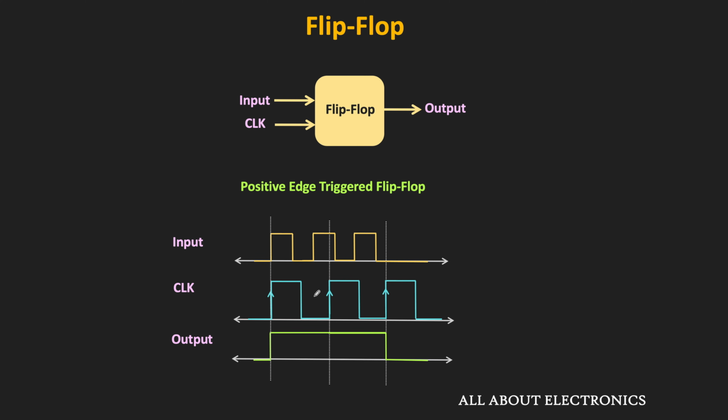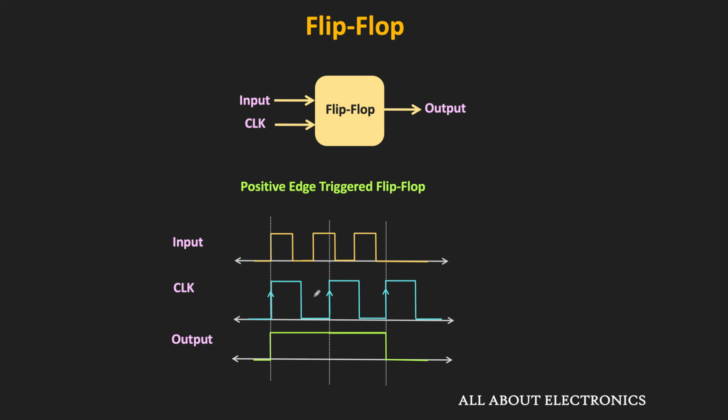Since the flip-flop is edge triggered, it will respond to the input at the rising edge of the clock. And here we are assuming that at the clock transition, the flip-flop follows the input signal. That means at the clock transition, if the input is high, then the output of the flip-flop is also high. And if the input is low, then the output of the flip-flop will also become low. So based on that assumption, let us see what will be the output of this flip-flop.